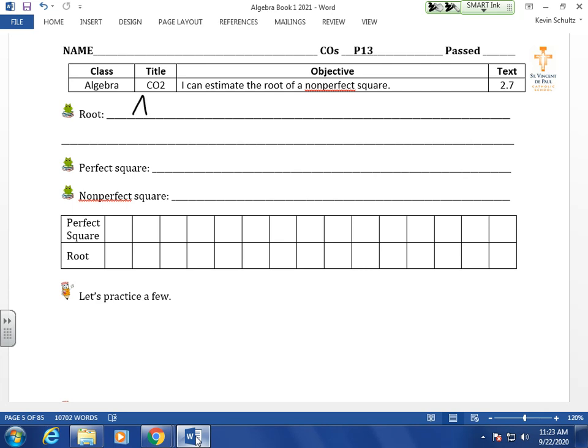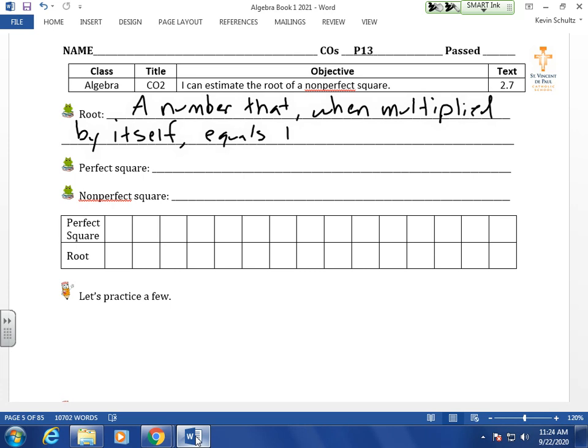But a root is a number that, when multiplied by itself, equals the given expression or the given number.